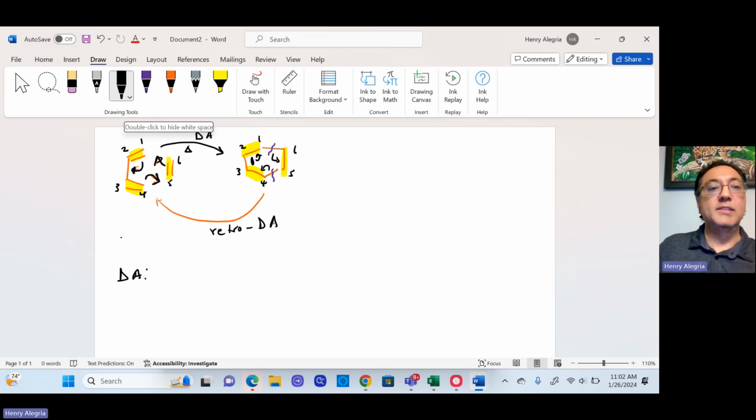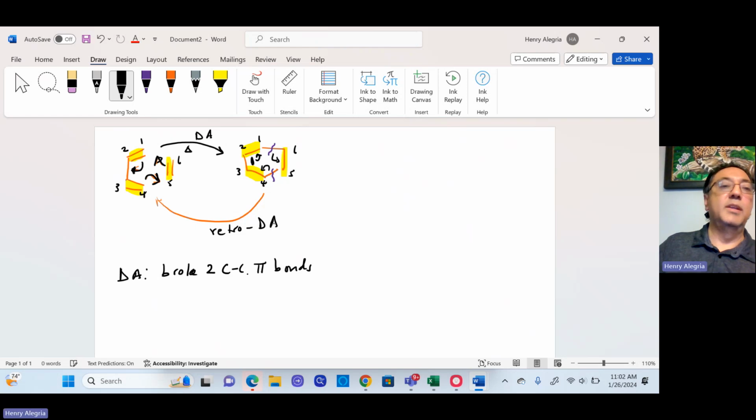If you notice, I start off the reaction with 3 pi bonds, the ones that I've highlighted on the left. In the final product, I only have 1. So therefore, I actually broke 2 carbon-to-carbon pi bonds. That's what I actually broke in the Diels-Alder. What did I actually form?